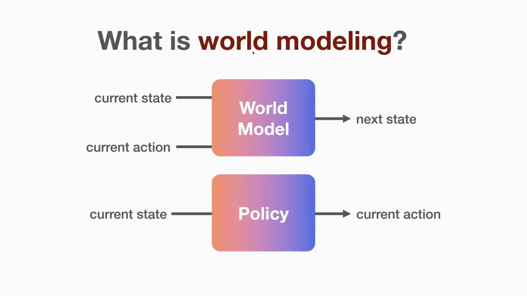World modeling, in my opinion, is pretty clear: it takes in the current state and current action, and it should output the next state. In contrast, the policy would take in the current state and output the current action. Here I'm not really distinguishing observation versus state because I think we just want to simplify the setup. But if you care about that, then it should really be the observation.